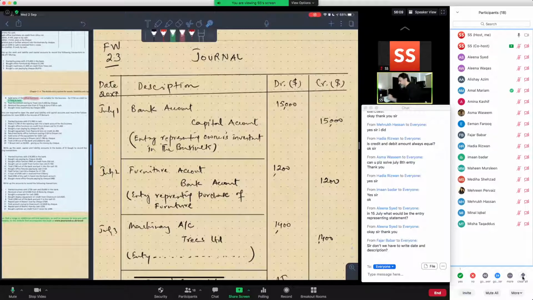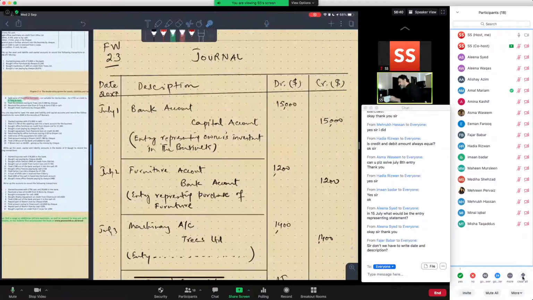So the journal entry is telling you that bank account should be debited with $15,000 and capital account should be credited with $15,000 in the ledger. So journal is recording a transaction, number one, and number two, it is further instructing what to do in the ledger.